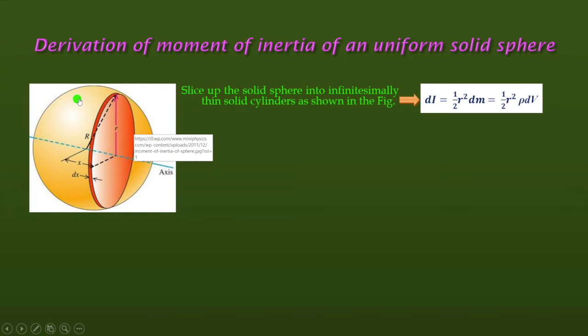So mass is dm, so half r square dm. Again, dm means what? Rho into dV. We are always assuming in all our calculations that density is uniform. So dm equals rho dV.